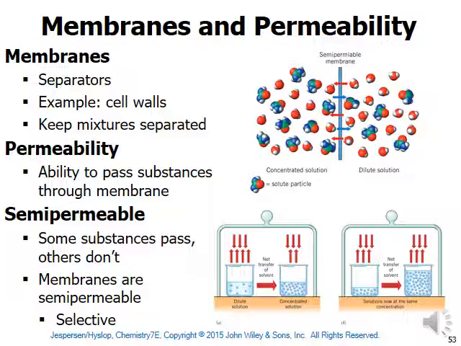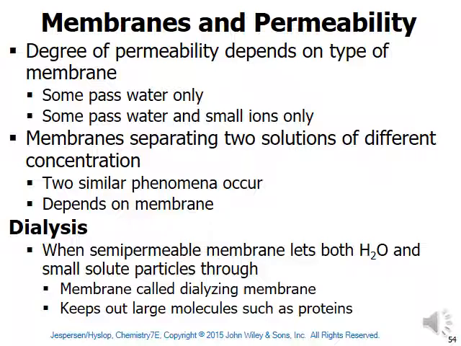But semi-permeable means some of the particles could move through, depending maybe on size or other things like electrical ionic ability and so forth. So the degree of permeability depends on the type of membrane. Some pass only water, some pass water and small ions, and so forth.